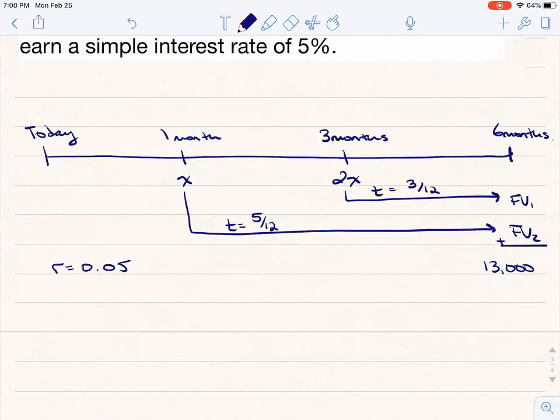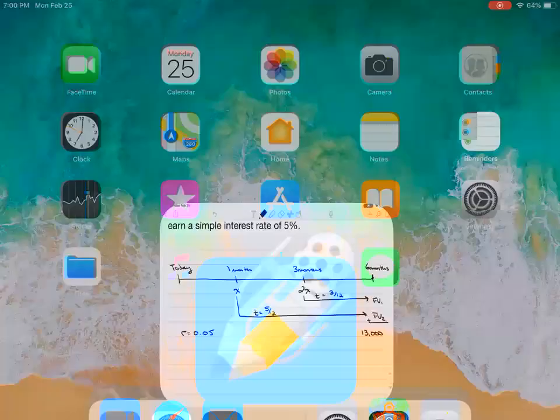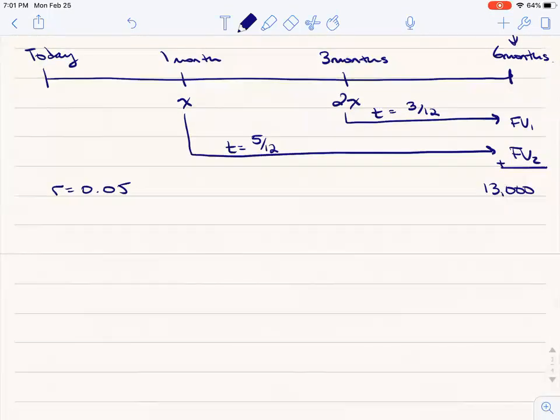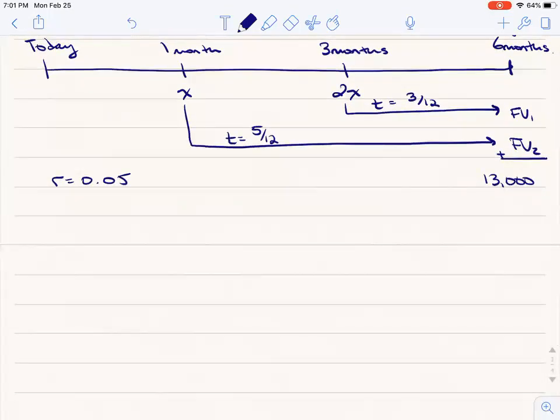So even though I didn't tell you, all the arrows have to go to 6 months. So now we have to find future value 1 and future value 2.